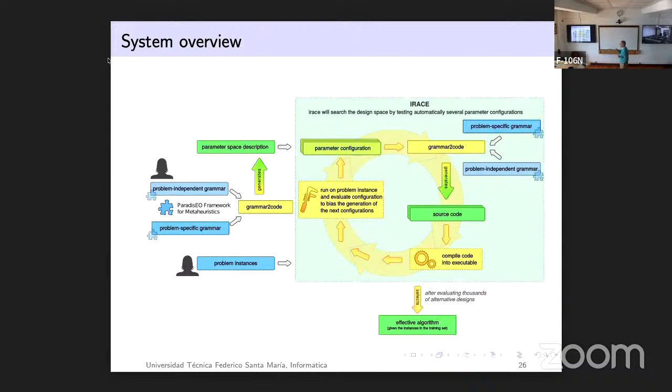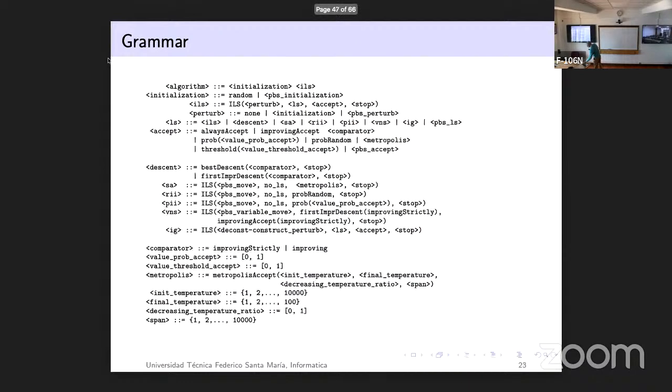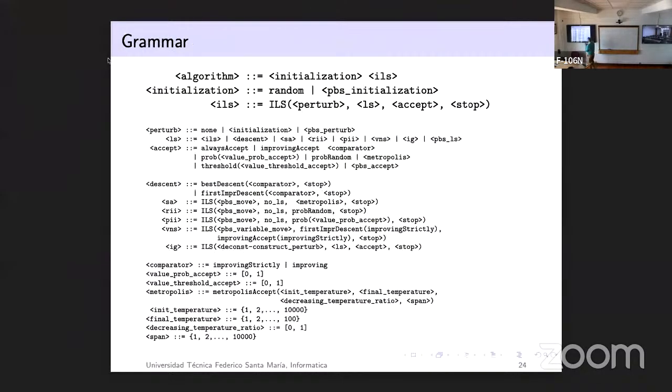And then one takes this: the initialization, the local search, and so on. This is all something that one can do. So it's not a problem. It's possible to do by hand.